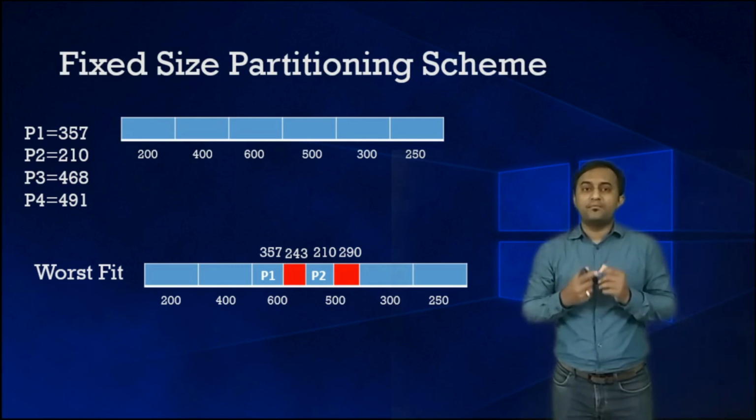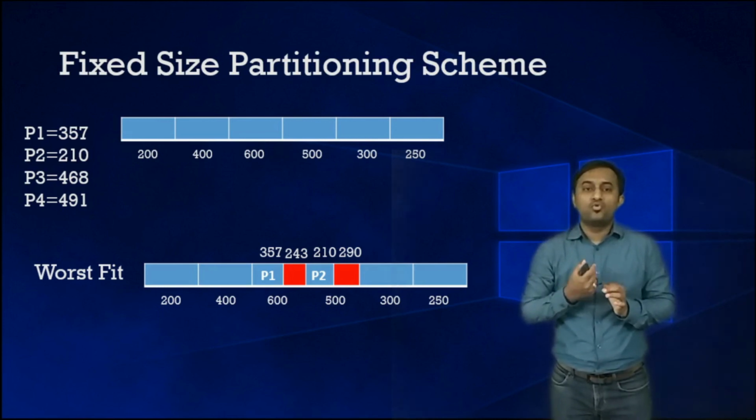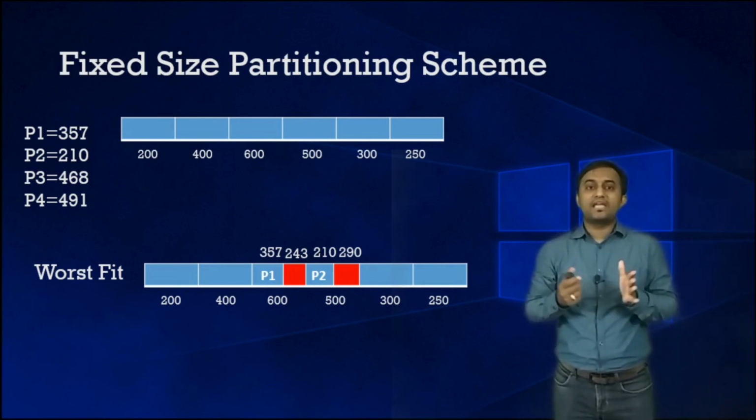Now P3 came. P3 requires 468. So the available blocks are 200, 400, 300 and 250. So these four blocks are available, but none of them are capable enough to accommodate the process P3. So P3 is not accommodated.